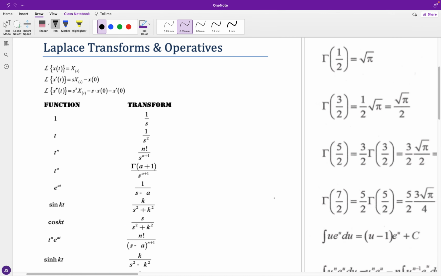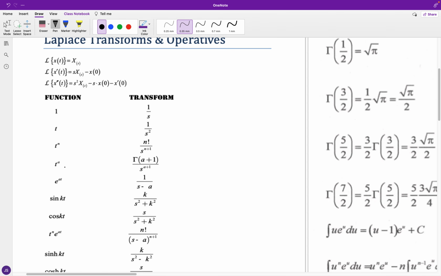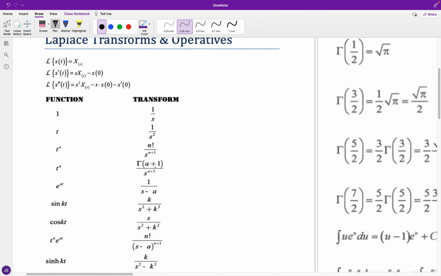With t, the transform is going to be 1 over s squared. Now, in the case of the square root of t, we have our function t to the a, and the transform is going to be the gamma function of a plus 1 all over s to the a plus 1.